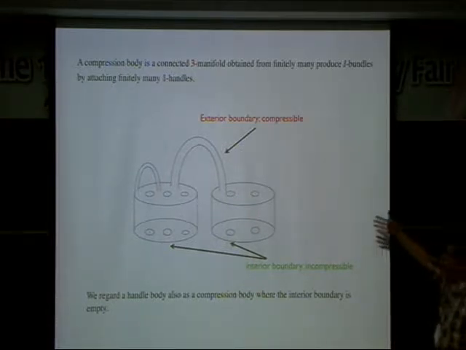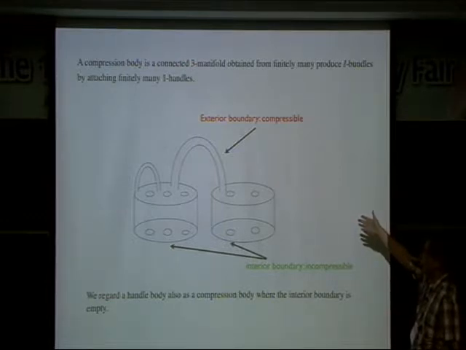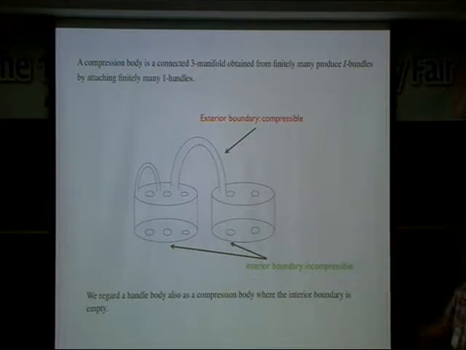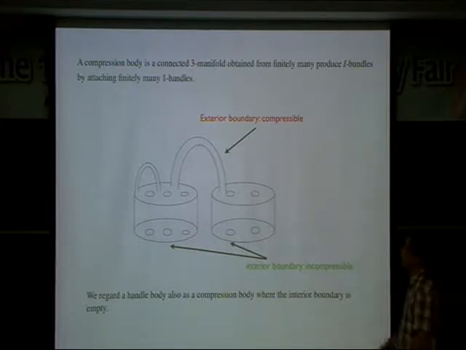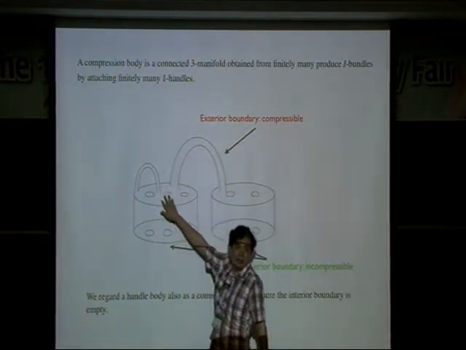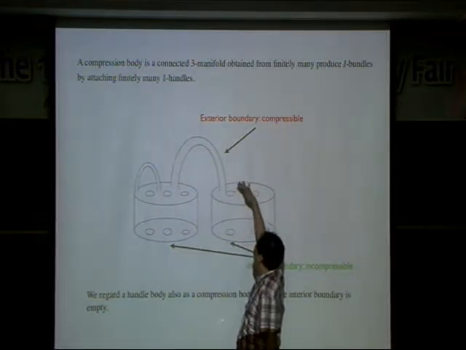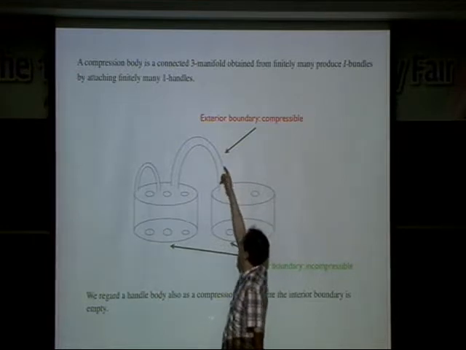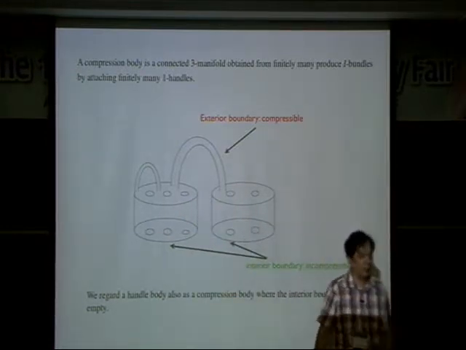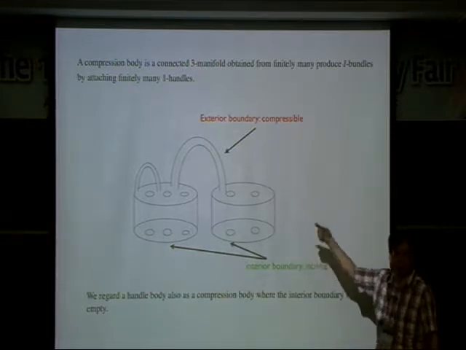So what you get is something like this, and this manifold has two kinds of boundaries. One boundary is the one you obtain up there, which contains at least one handle, so it should be compressible.